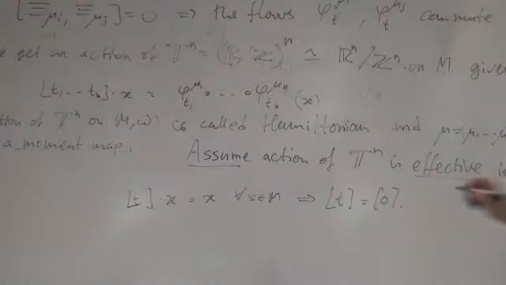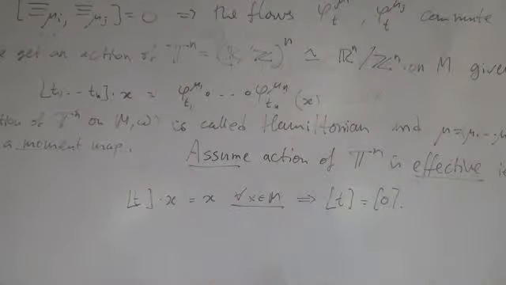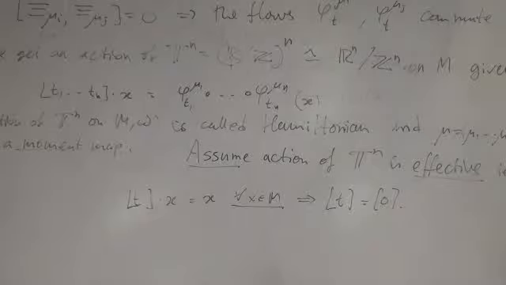Let me emphasize for all x. I'm not assuming that there are no fixed points. There might be some points fixed by all time, but nothing fixes everything. We'll see.